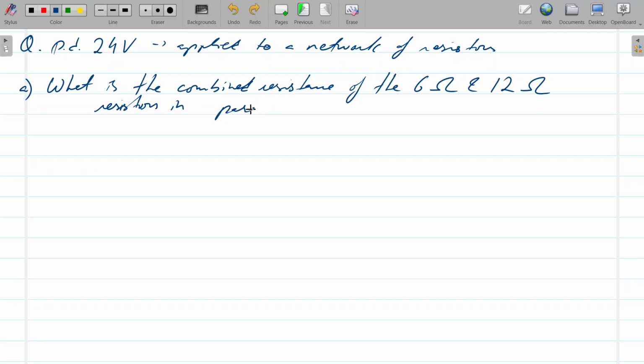Parallel. So how do we go about doing this? R1 equals the combined resistance.